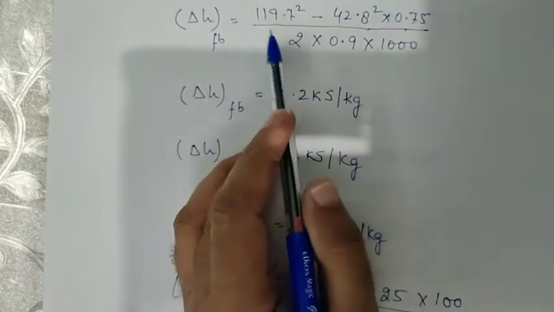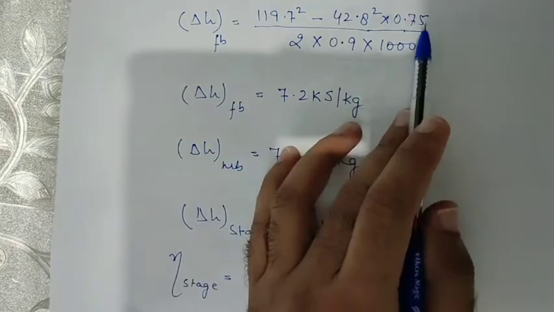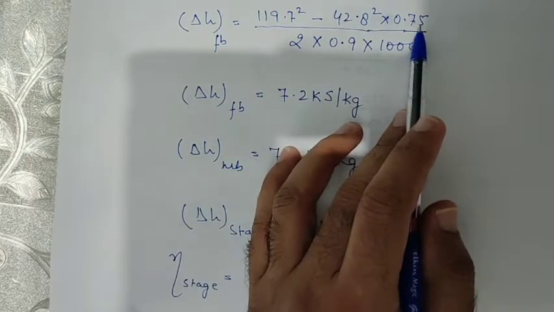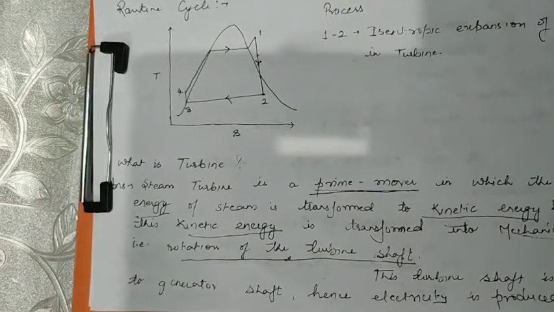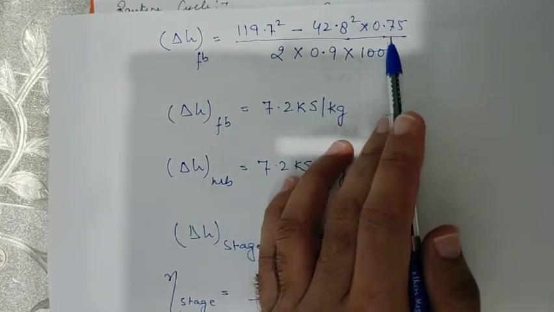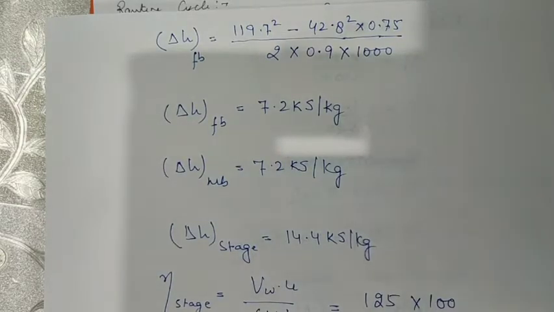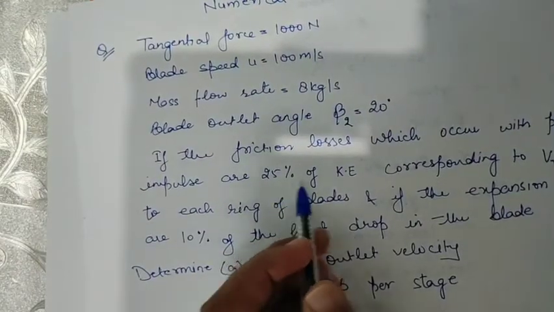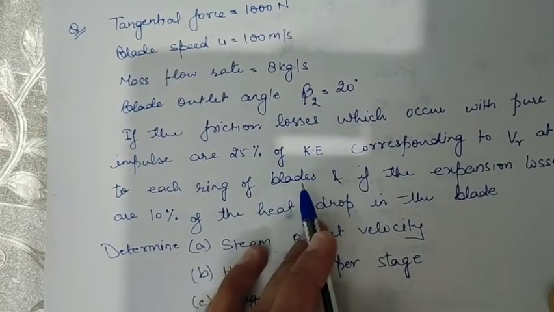So VR2 is 119.7, VR1 is 42.8, and nozzle efficiency is not given directly, it is 0.75, because 25% gets wasted. It is given in the question that 25% of the kinetic energy corresponding to VR2 at each level of the blade is a friction loss.